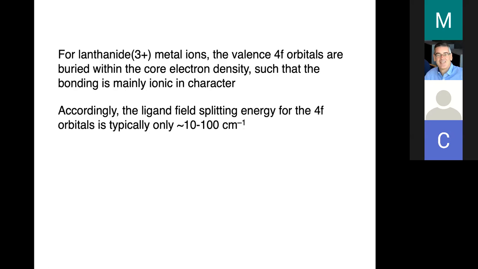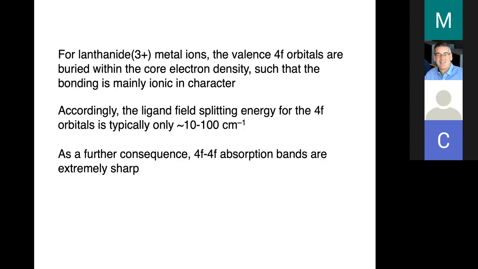And so all of these f orbitals are very close in energy. One consequence of this is that vibrational modes don't as greatly affect the optical transitions for lanthanides, because moving those ligands doesn't really change the f electron energy.